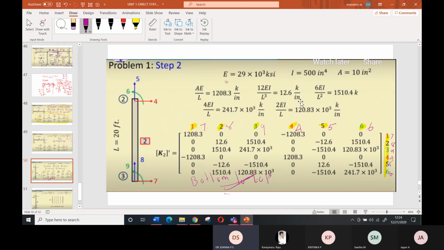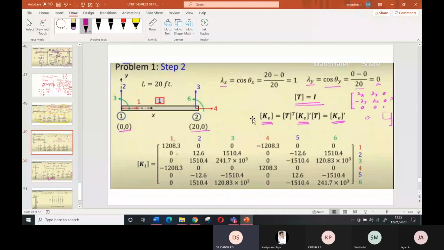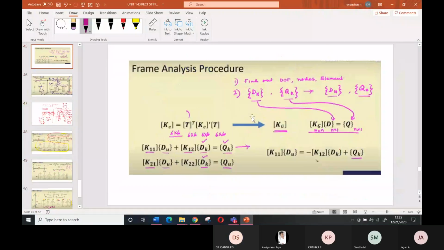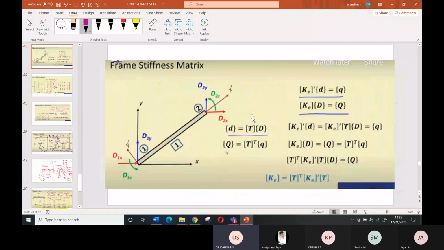Ma'am, why are we taking bottom to top? That is because of the rotation matrix when we are deriving. How are we deriving? See here. The rotation matrix we will derive for this n2. It will be rotated in this direction.